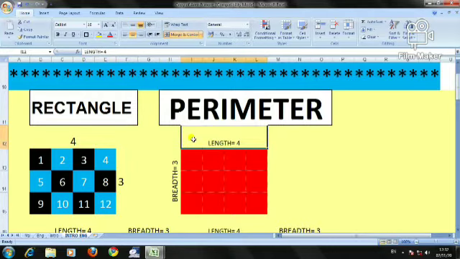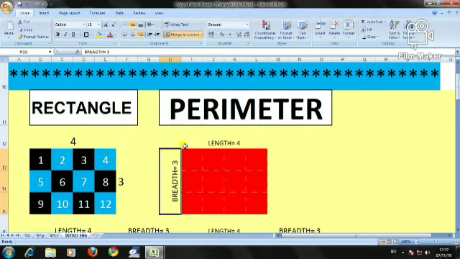We are going to find out another measurement of this rectangle. See, that is known as perimeter. What is perimeter? See, here the length is 4, here the breadth is 3, here the length is 4 again, here comes the breadth once more, 3.